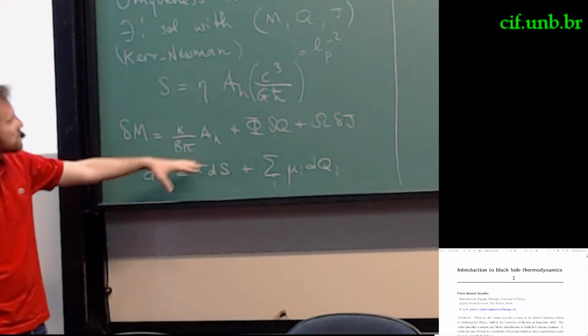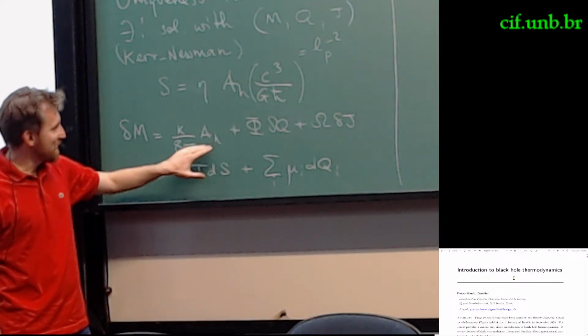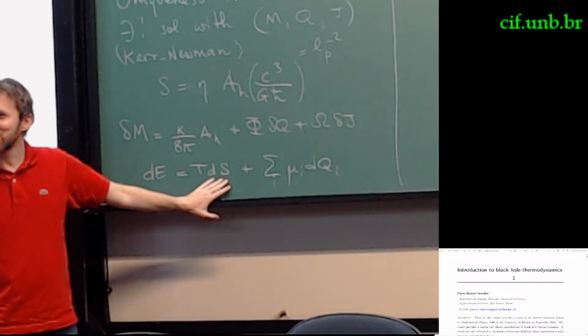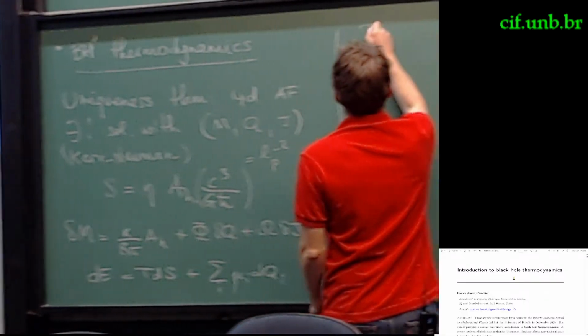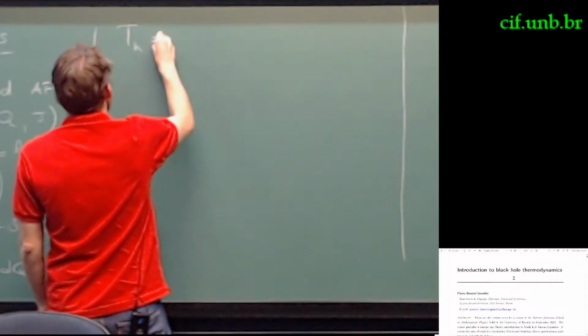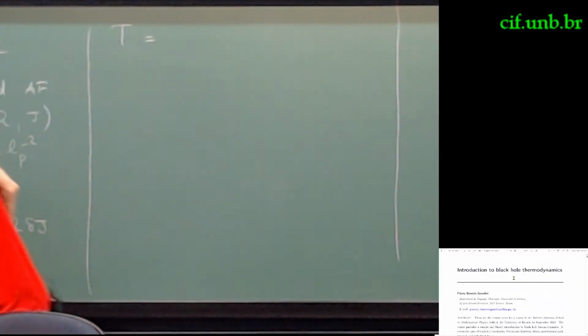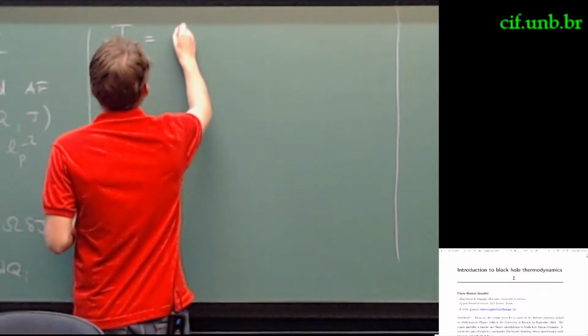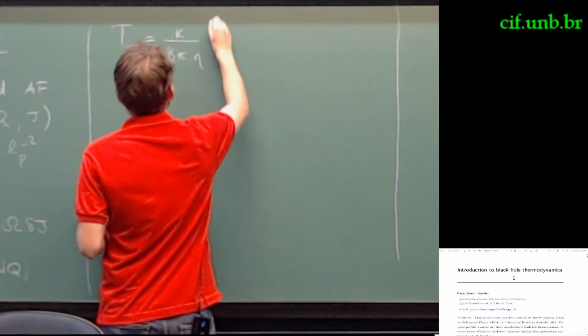So it really looks like this, and you can associate the area to the entropy, provided you say that the black hole has also a temperature. Now I'd like to keep the factors correct. So 8 pi eta.